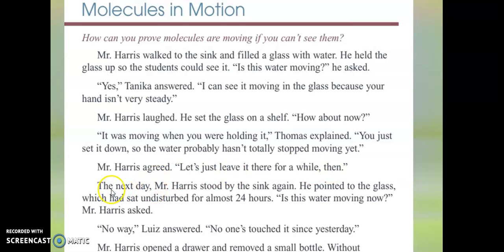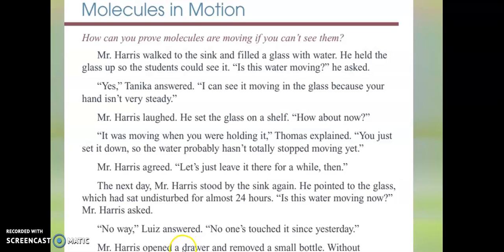Then, the next day, Mr. Harris stood by the sink again. He pointed to the glass, which had sat undisturbed for almost 24 hours. Is this water moving now? Mr. Harris asked. No way, Louis answered. No one's touched it since yesterday.